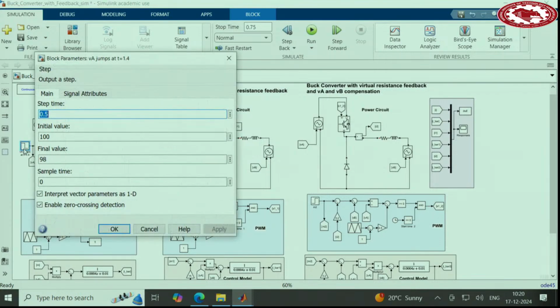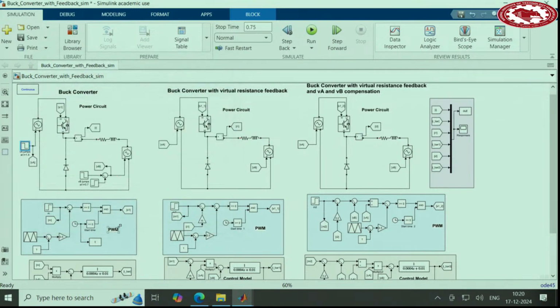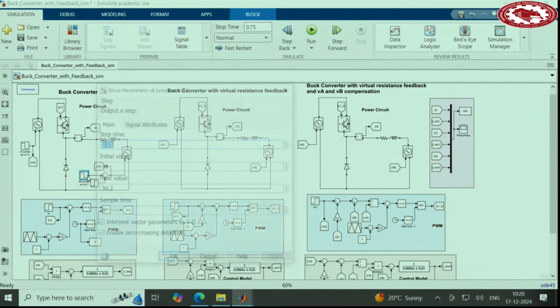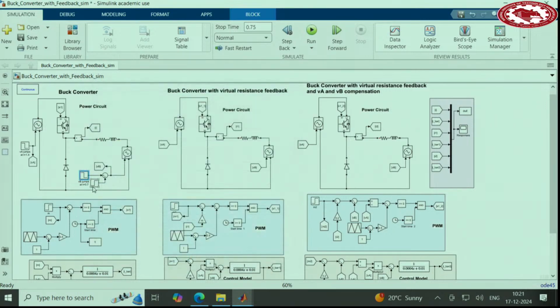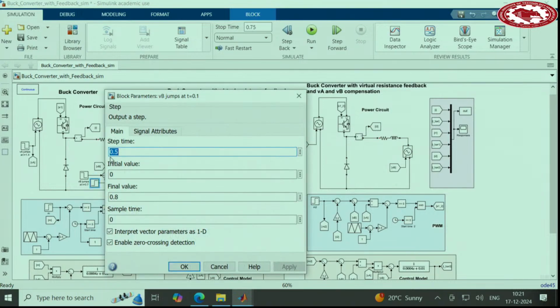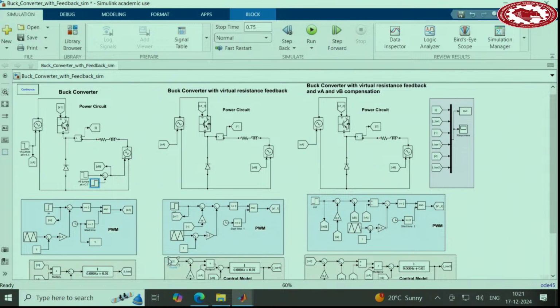So here at VA, I apply a change from 100 volts to 98 volts at the time of 0.5 seconds. On this side also, I use a controllable source. At 0.25, I decrease from 40 to 39.2, and then again at 0.5, I push it back to the same number. So I apply VB first and then VA second.